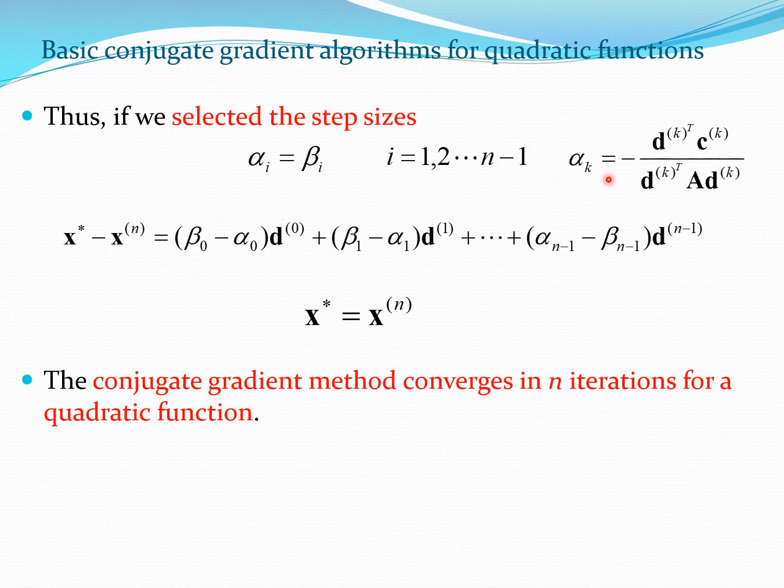Therefore all I have to do is select alpha k is beta k, or alpha k is minus dk transpose ck over dk transpose A dk, and if I were to do that, the conjugate gradient method would converge in exactly n iterations for a quadratic function. So essentially this is something we have been saying for a long time. Now we have proved it, and also we have found the step size value here as a closed form solution.